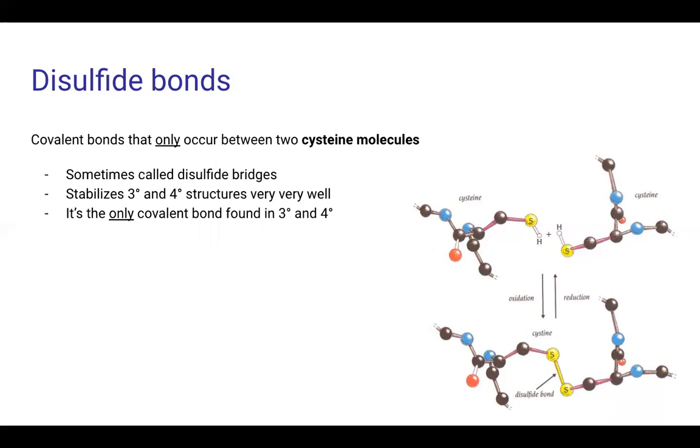And then this is just a quick diagram of how it's formed with an oxidation reduction reaction, which you don't really need to know, but just remember that it's between two cysteines with their R groups being these SH groups. They're thiols, I think, the organic chemistry name, but anyways, you just need to know that they're between two cysteine molecules, and they're only found in tertiary and quaternary structures, and they stabilize it very well.